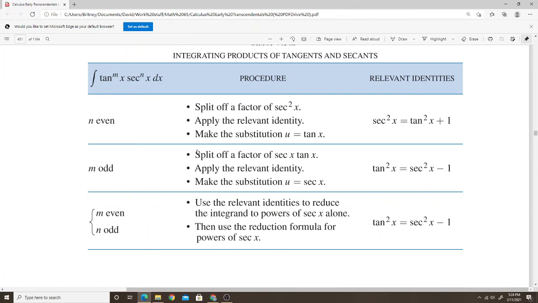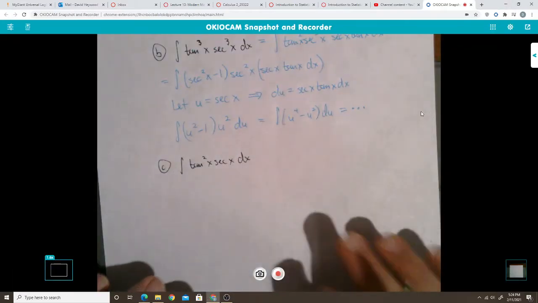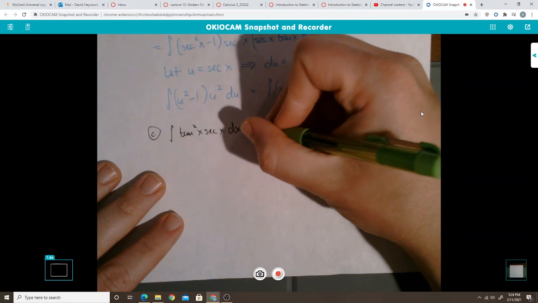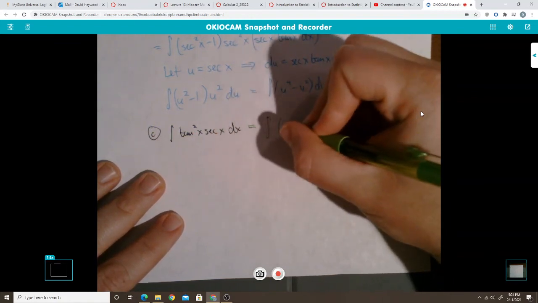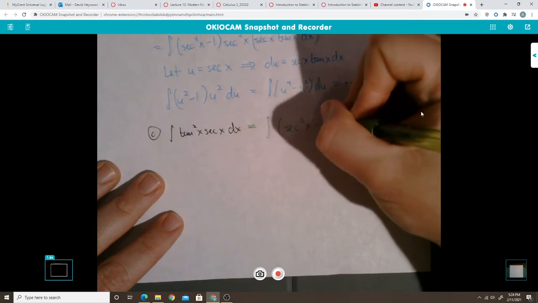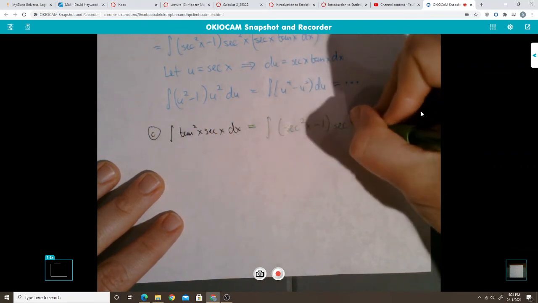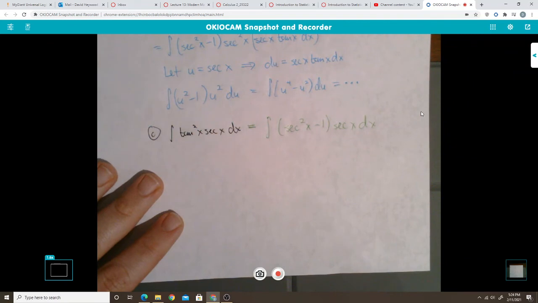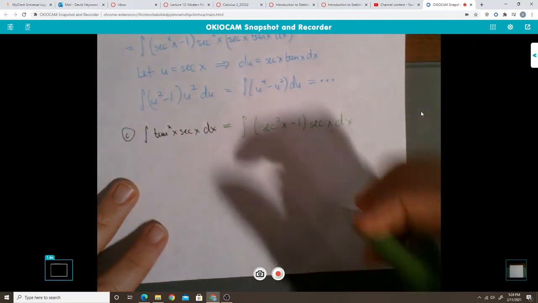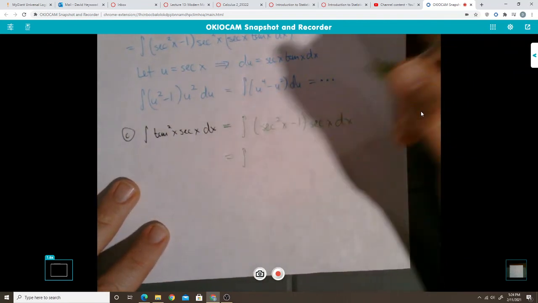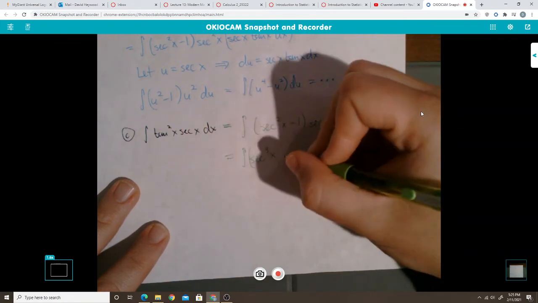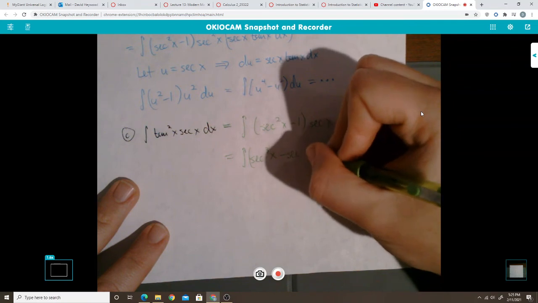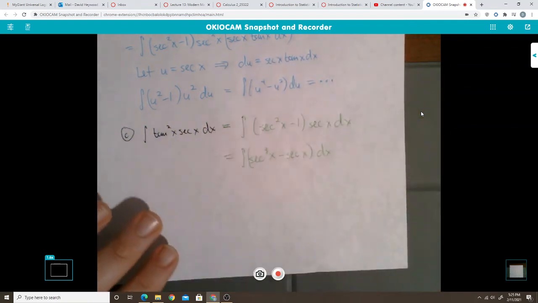So we can use a Pythagorean identity to reduce tangent to secant. Okay, so let's do it. So tangent squared is secant squared minus 1. And that's going to give us secant cubed x minus secant x dx.